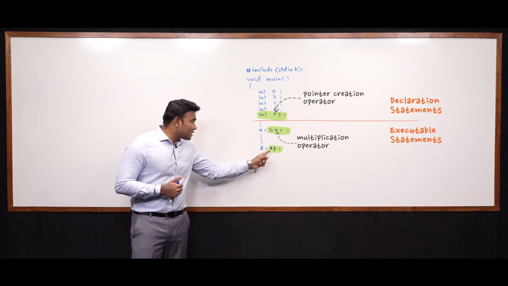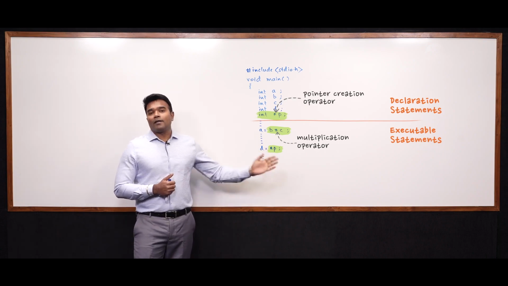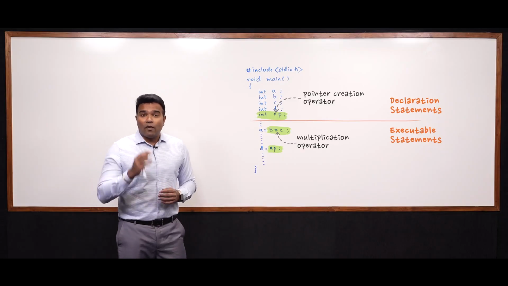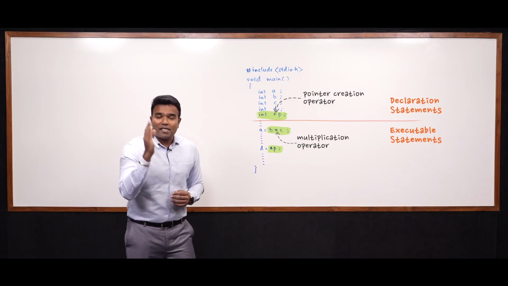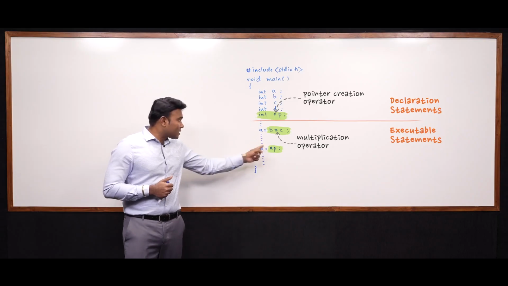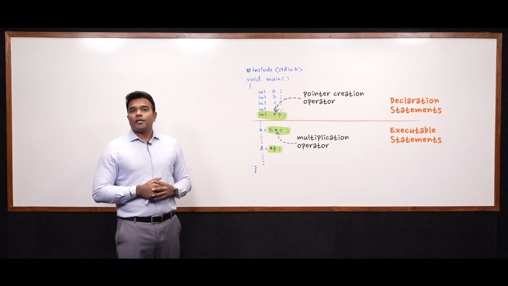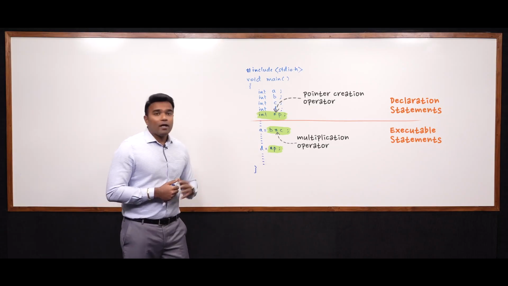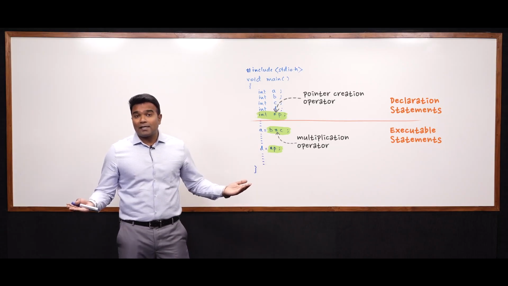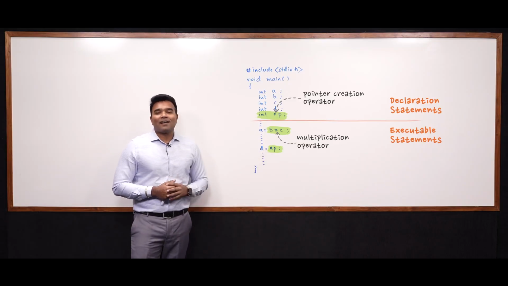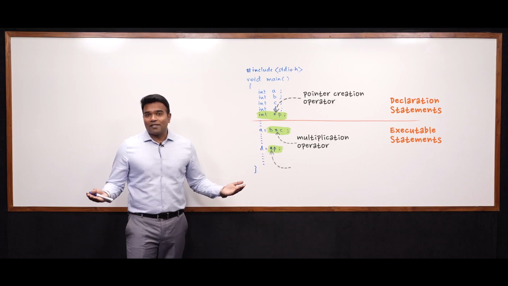In fact, this star has only one operand, and that is P. In other words, in the executable statements, when you will see a star which has just one operand, then such a star, you should not be treating it as the pointer creation operator, nor as the multiplication operator. Rather, what you should be treating this star as is the dereferencing operator.